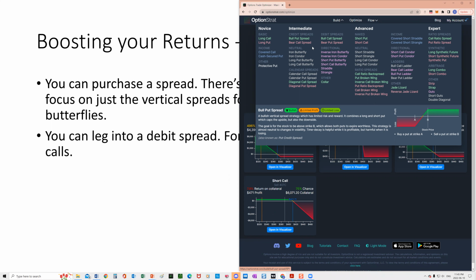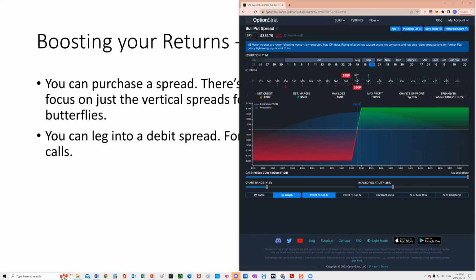Because if we do something like the SPY, and we went out to here, right? So remember how we spoke about selling a put? Actually, what was the example we used? ChargePoint? Let's go back to that just so that we're on the same page.